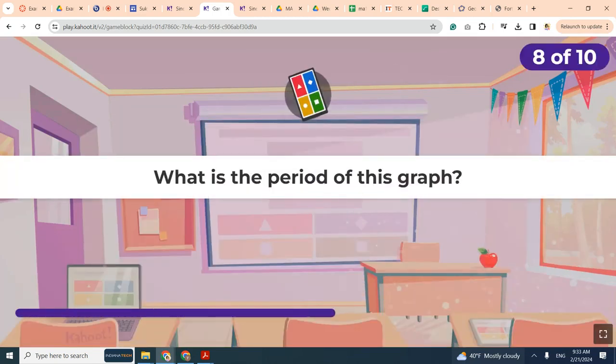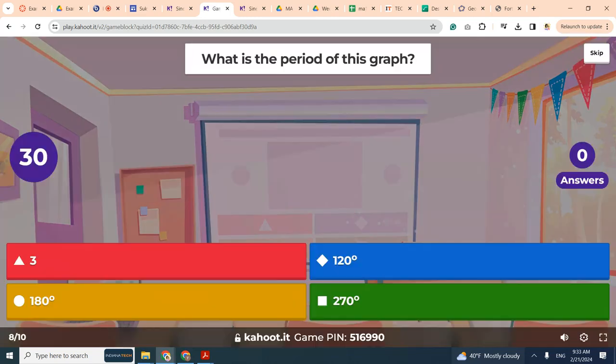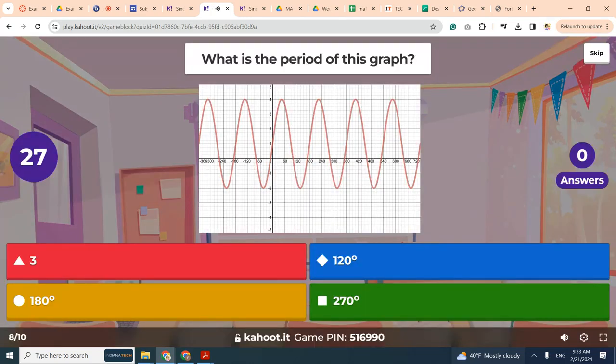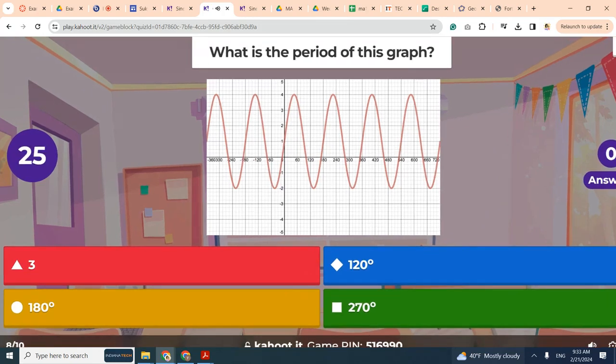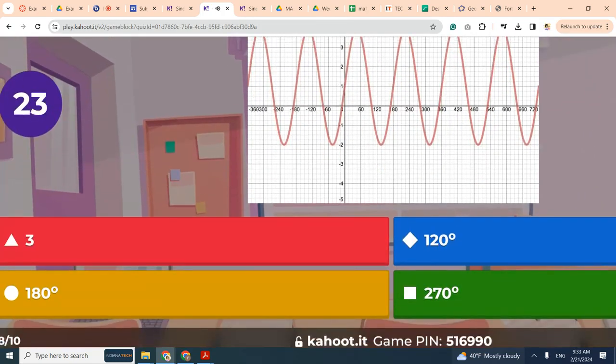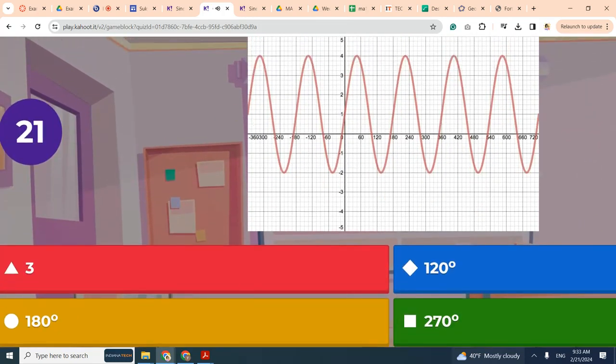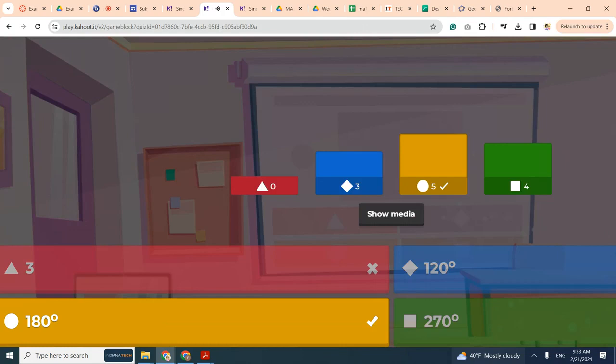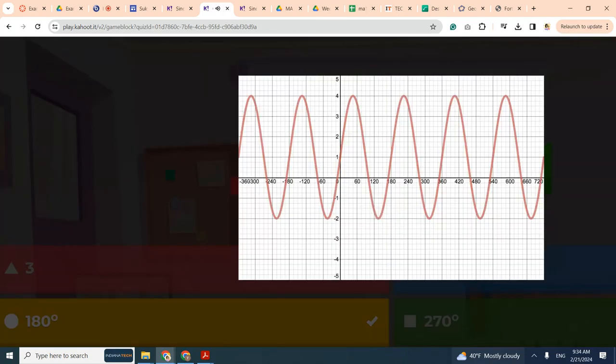What is the period of this graph? Make it bigger. Period. Yes, period is 180.